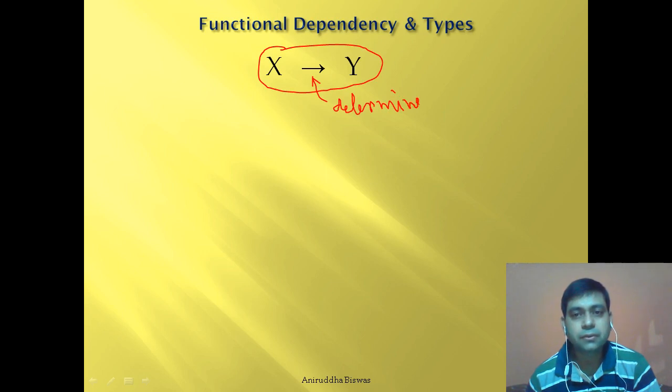So X determines Y. Now here X is called the determinant and Y is called the determined. So X is a determinant and Y is a determined.